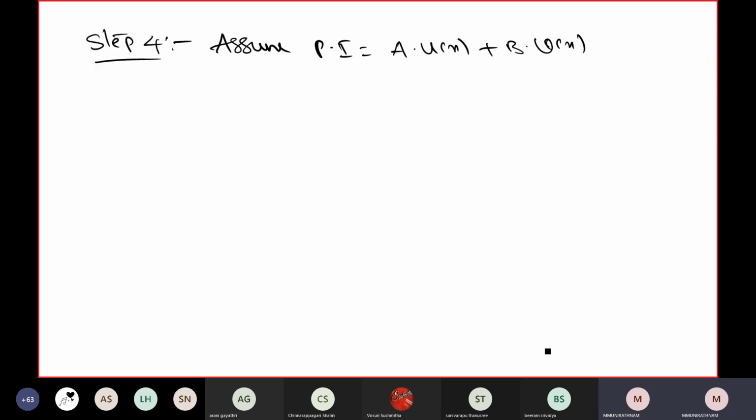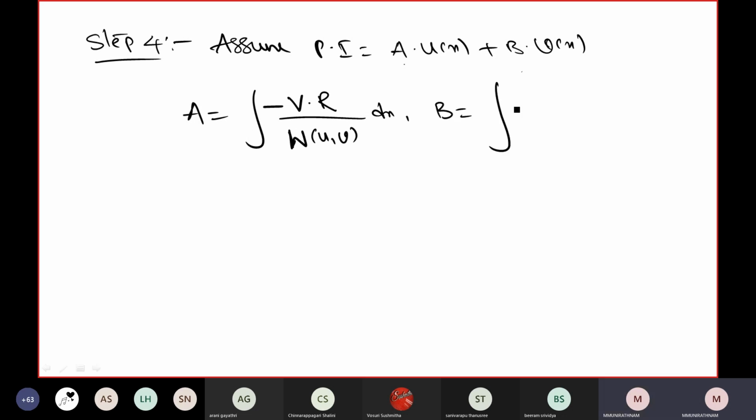So what is our target? We have to find A and B. How to find A: A is minus V into R by Wronskian of U comma V, into dx. How to find B: B is U into R by Wronskian of U comma V into dx. So what is the Wronskian of U comma V?